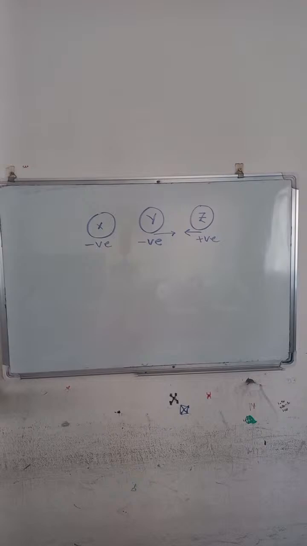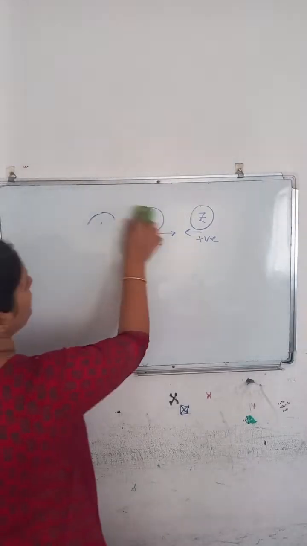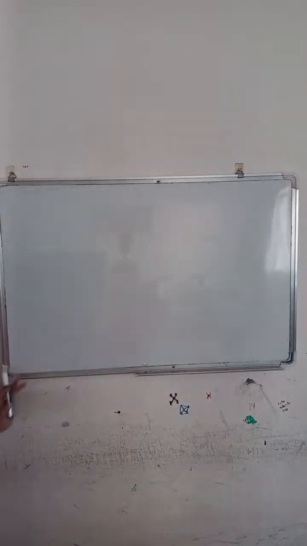The magnitude of the net force on the charge Q naught at point O is... I repeat this question. Three charges Q, minus Q, and Q naught are placed as shown in the figure. The magnitude of the net force on the charge Q naught at point O is.